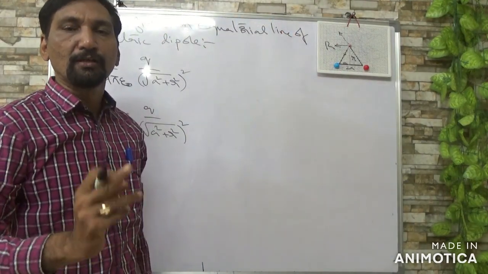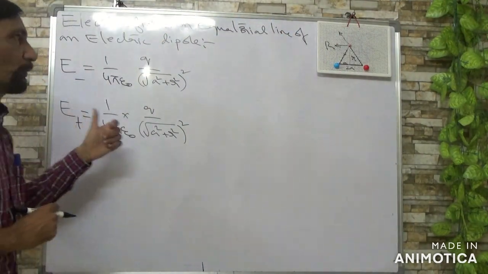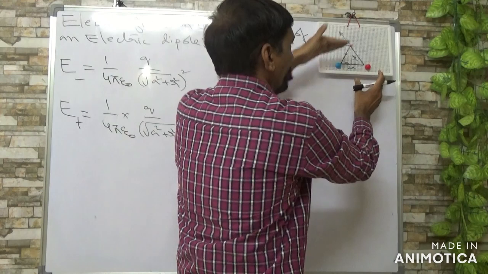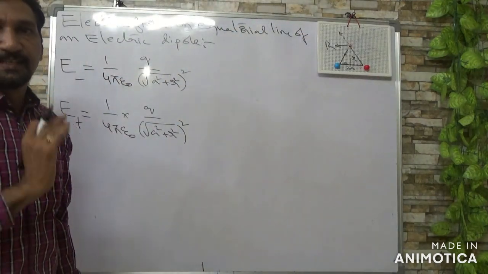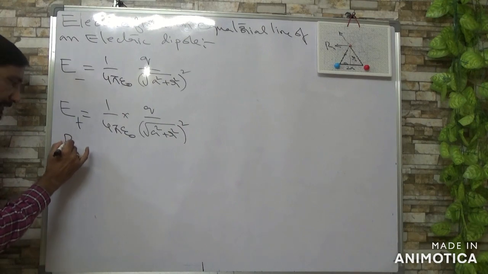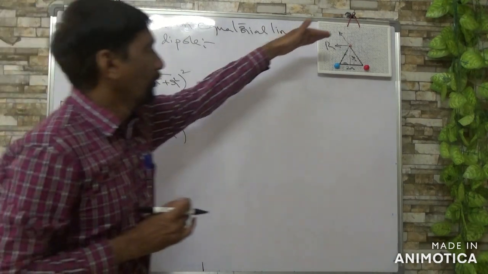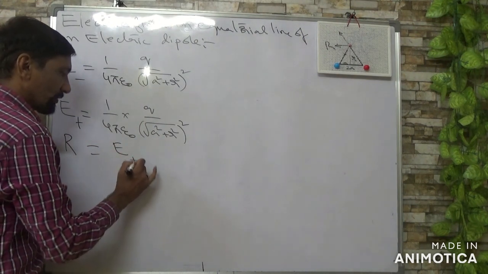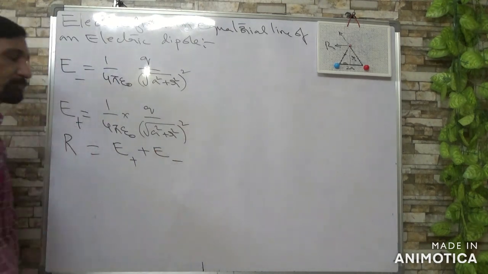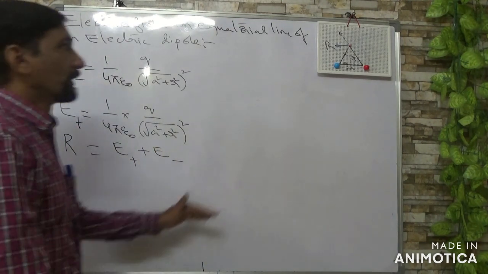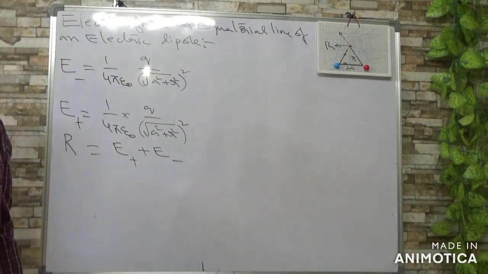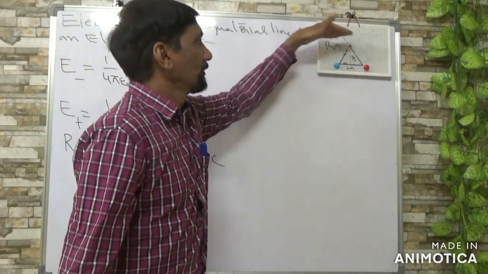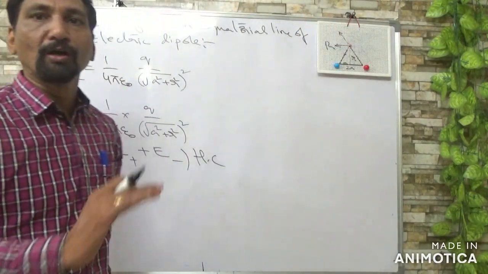So in the resultant direction, the horizontal component of the positive one is added, and at the same time the negative one is also added. Only the horizontal components of the positive one and the negative one are added.